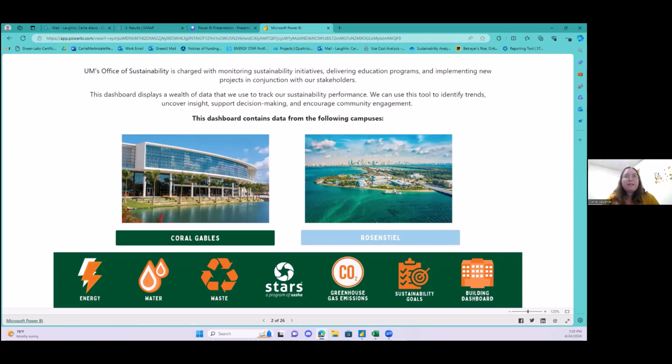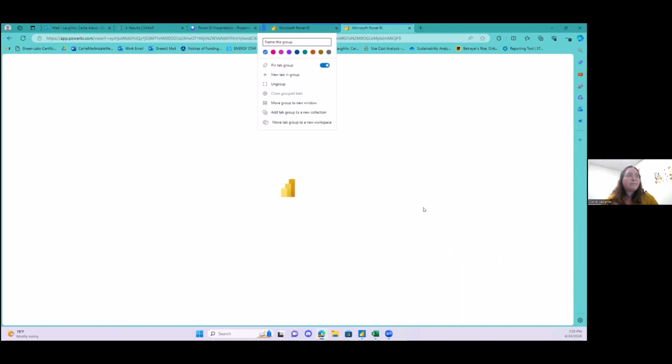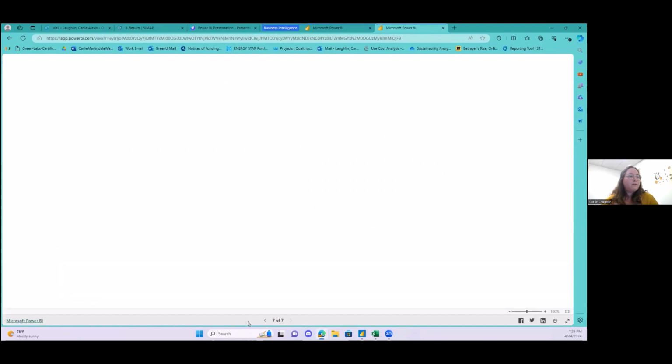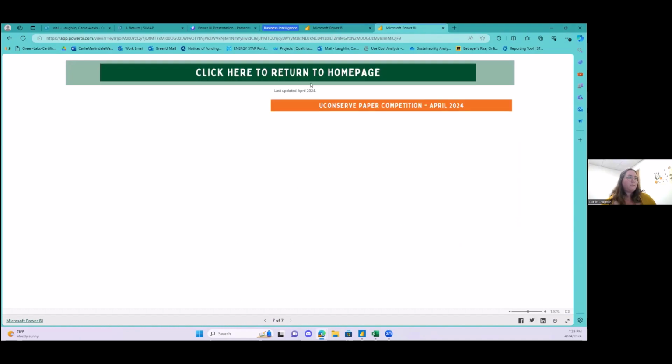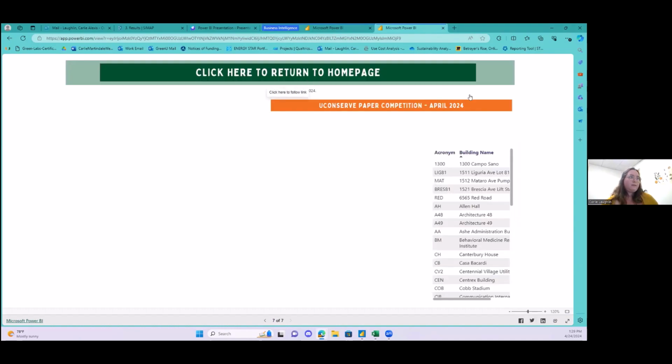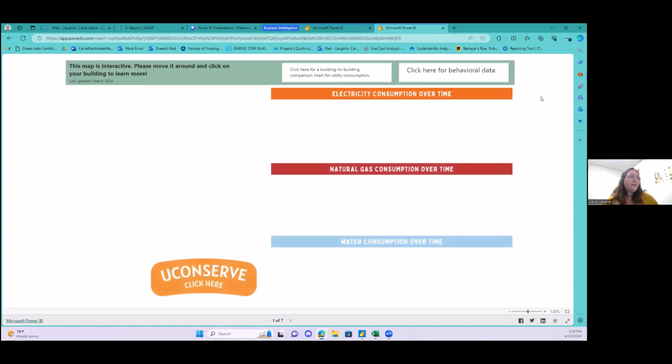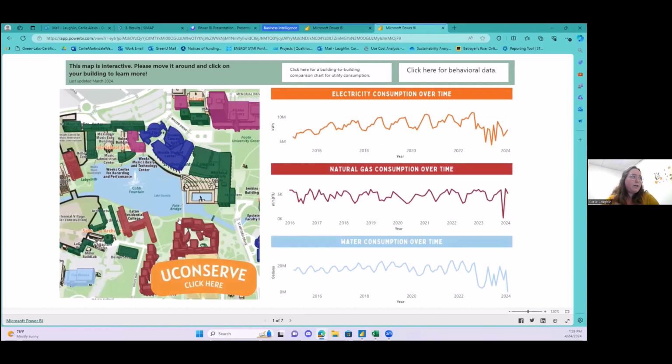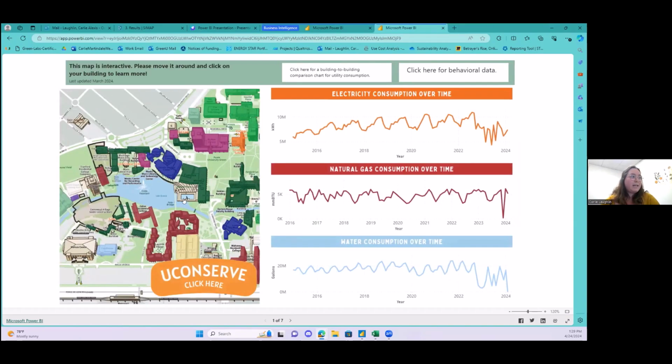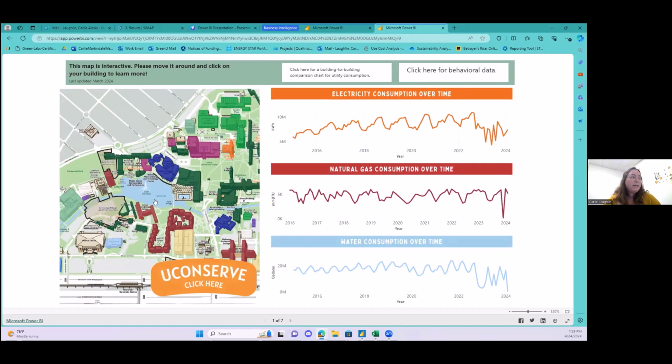But when we click on this, it will open up this dashboard here. This dashboard is something that I think tends to be most used here at the university outside of our office.